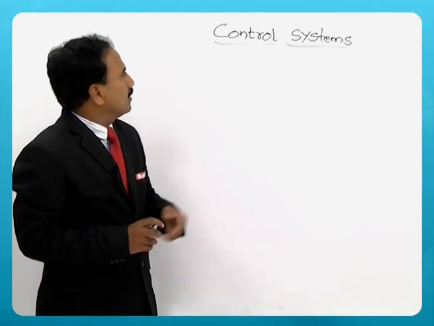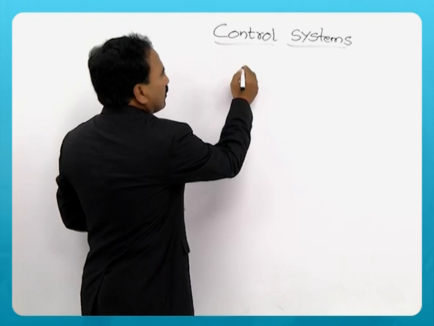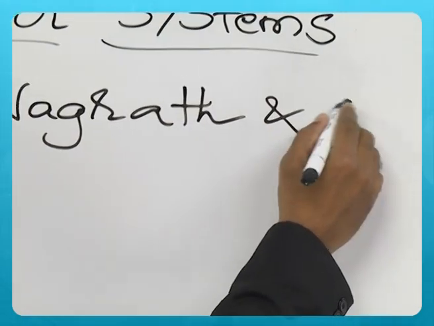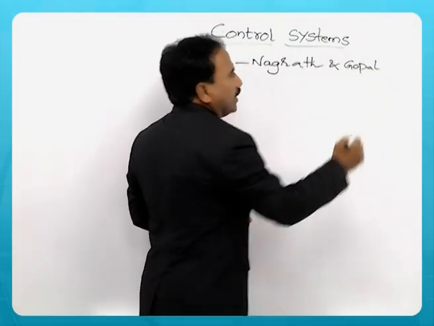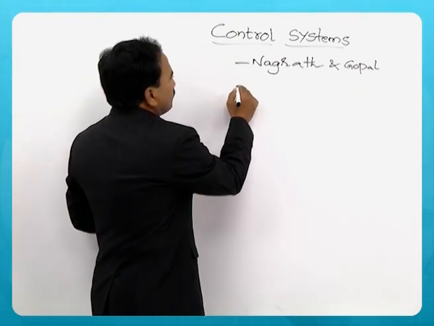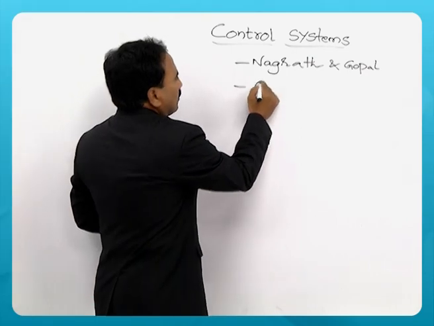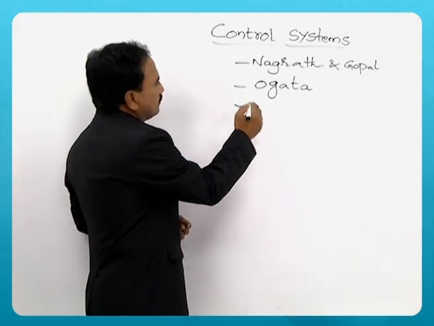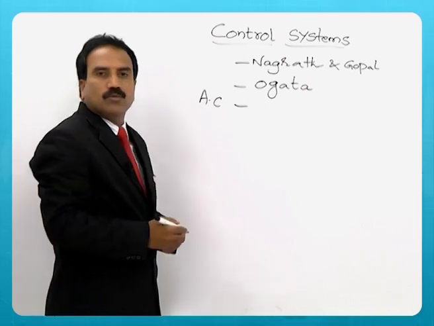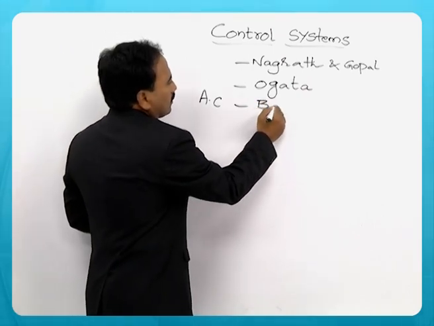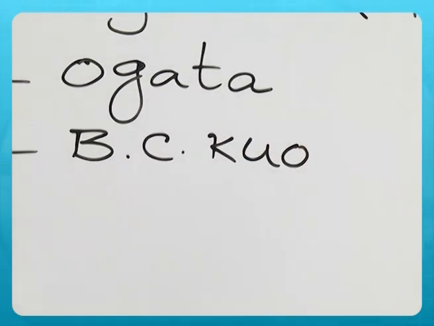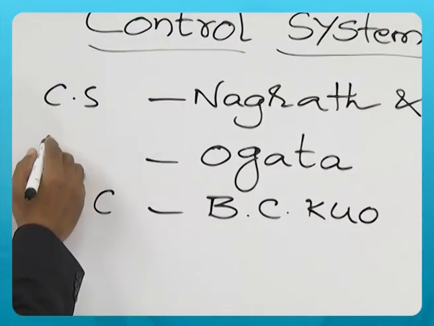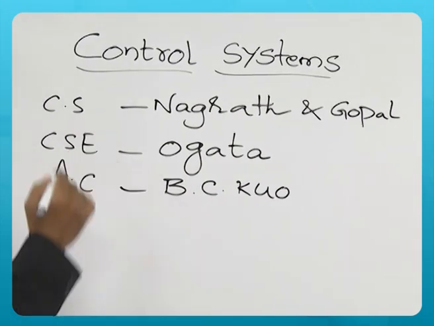The textbooks that are prescribed for control systems are Control Systems Engineering by Nagrath and Gopal, Control Systems Engineering by Ogata, and Automatic Control Systems by B.C. Kuo. The first two books have the title Control Systems Engineering.